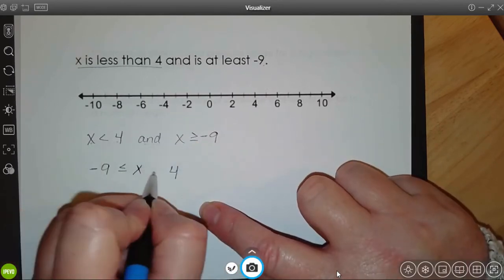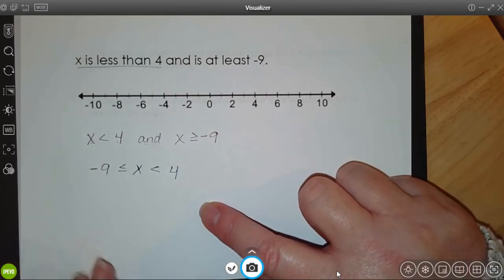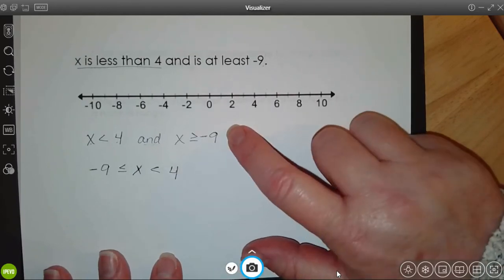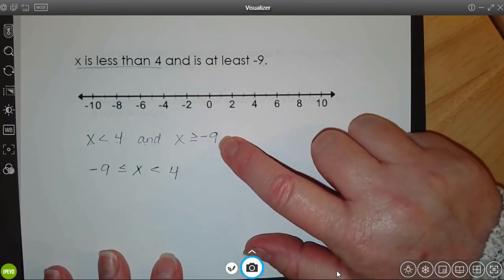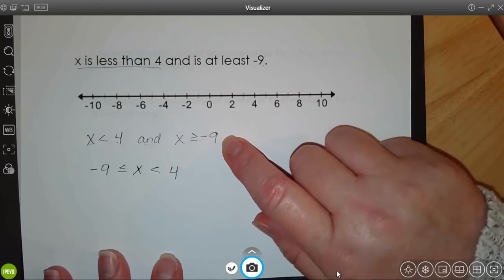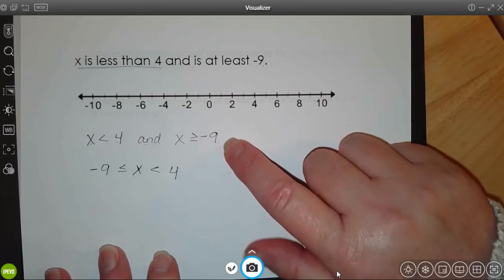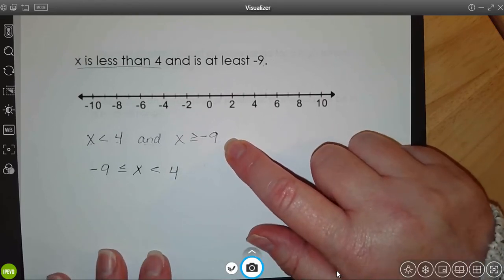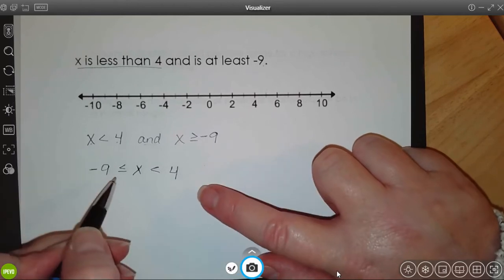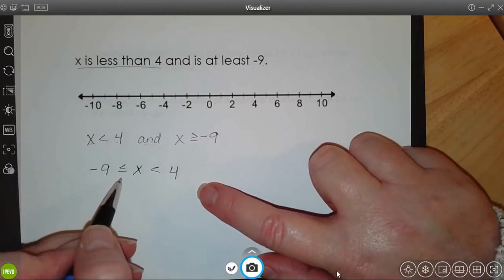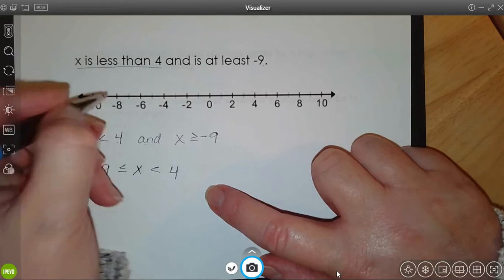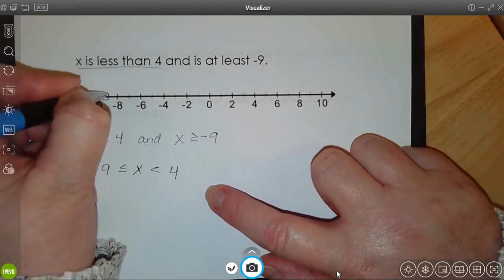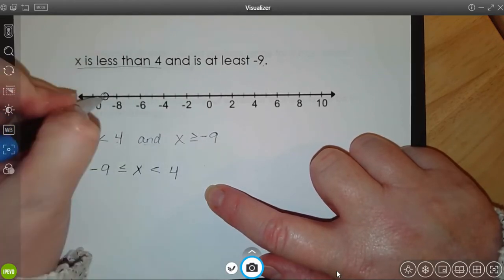Between x and 4, it's not open to x. Now, you won't be asked to change these on the test, but you need to be aware of both ways that it can be presented because it can be presented either way on the test. To put this on the number line, I'm going to go to the -9, and I will be coloring in that circle.